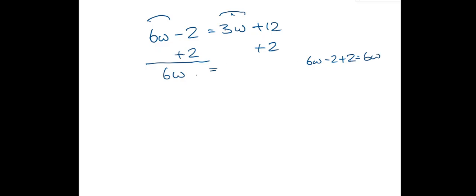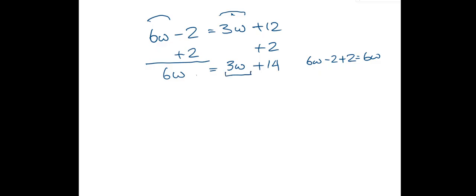And over this side we have 3W plus 12 plus 2 is 3W plus 14. Okay, now we want to check on the left hand side. There's no term there which doesn't have a W, so we're fine with that for now.